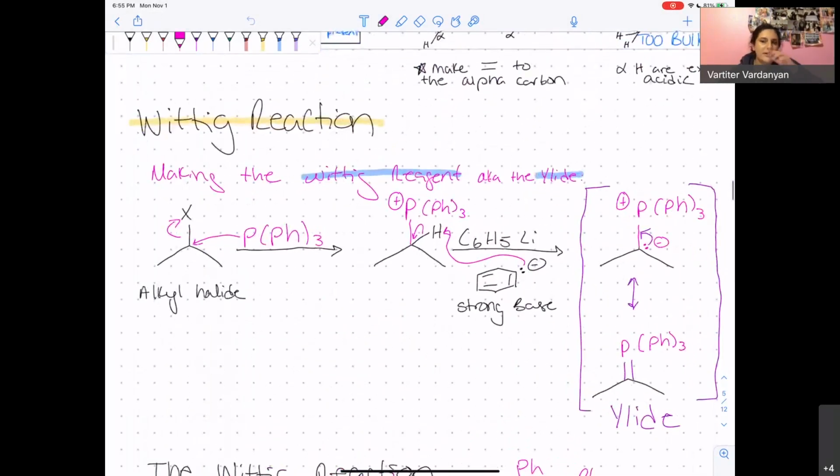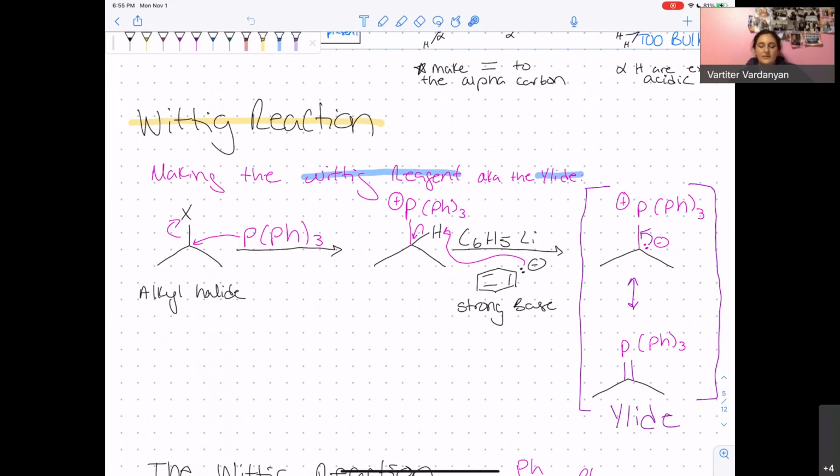All right. So the Wittig reaction happens in three chunks. The first one is making the ylide, which is the Wittig reagent, and it's kind of similar to the Grignard reaction where we had to actually make the Grignard and then we did the Grignard reaction. So making the ylide, we have an alkyl halide and they are going to give you this step followed by this step.